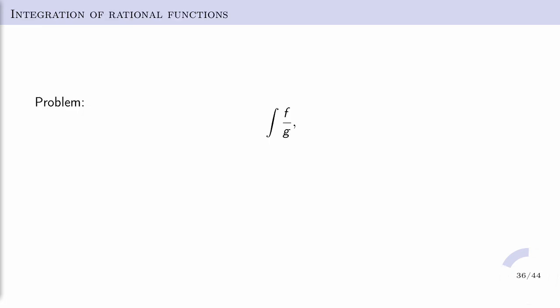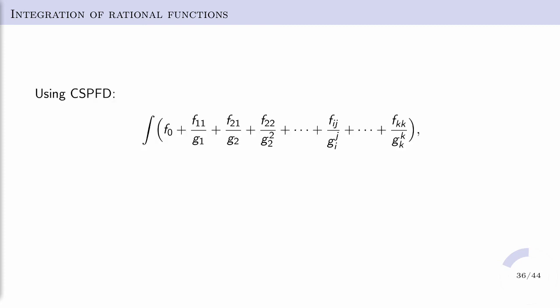And this is actually the proof of the correctness of this algorithm. So our problem is to compute this indefinite integral, this antiderivative. What we can do, first of all, is apply the complete square-free partial fraction decomposition. We can write this rational function as a sum of simpler rational functions, where the denominators are powers of square-free polynomials.